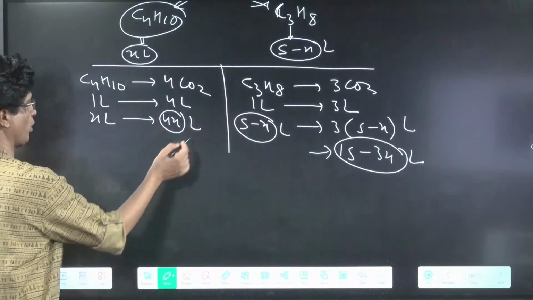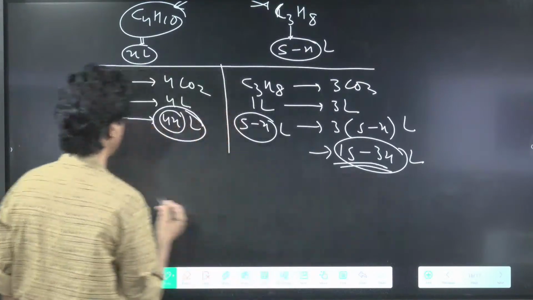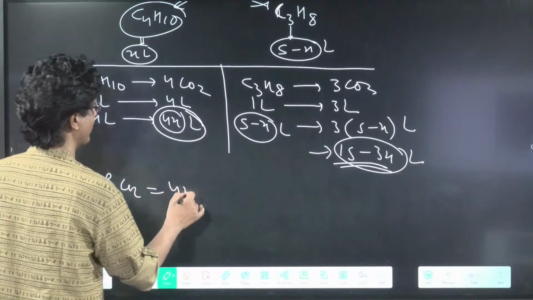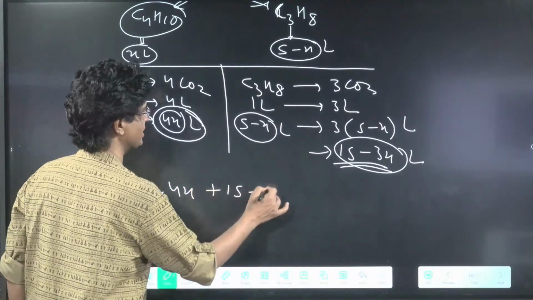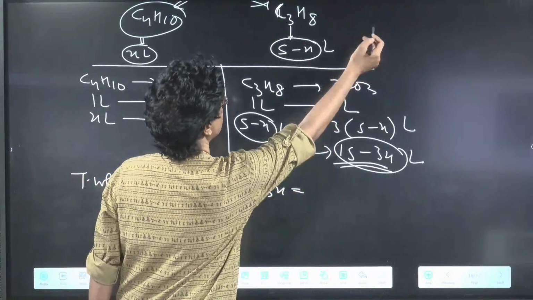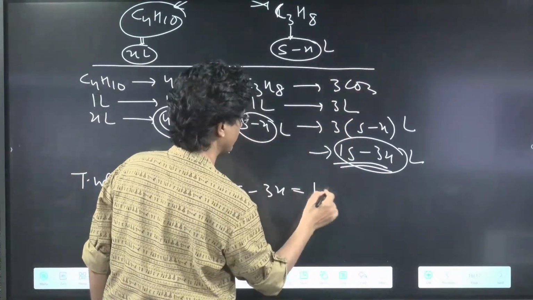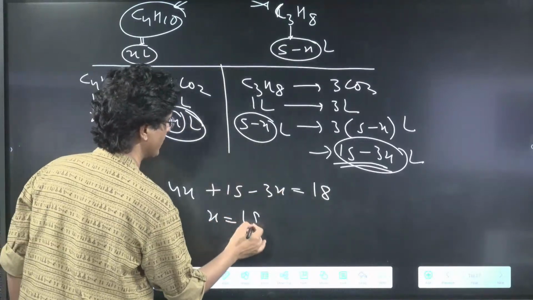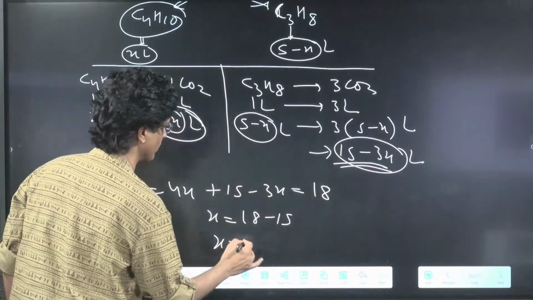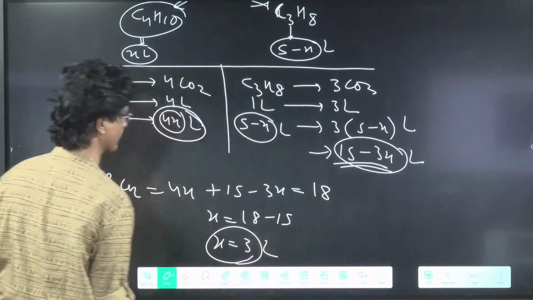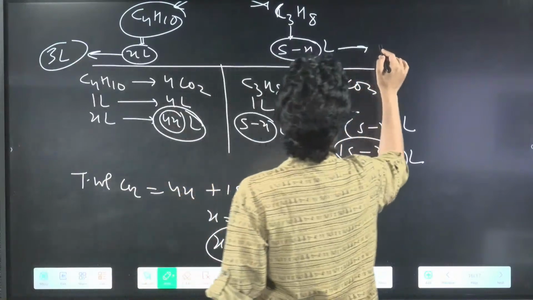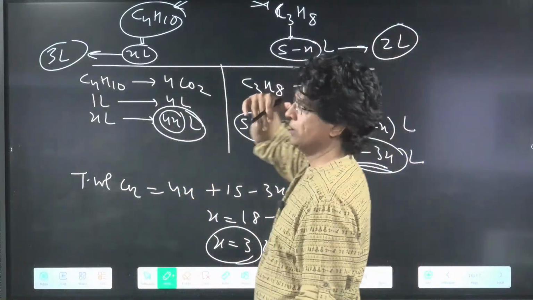Now this is the total amount of CO2. So 4x plus 15 minus 3x equals 18 liter. So x equals 18 minus 15, x equal to 3 liter. That means butane is 3 liter and propane is 2 liter.